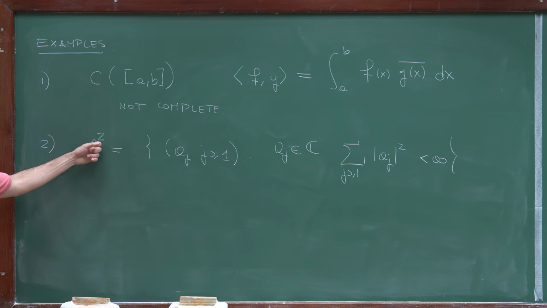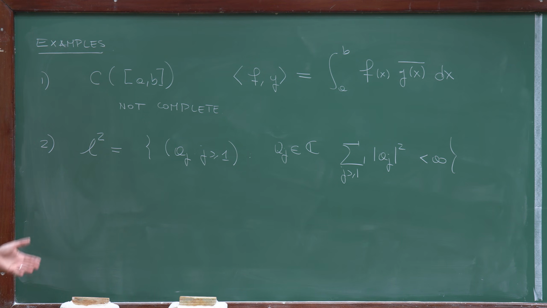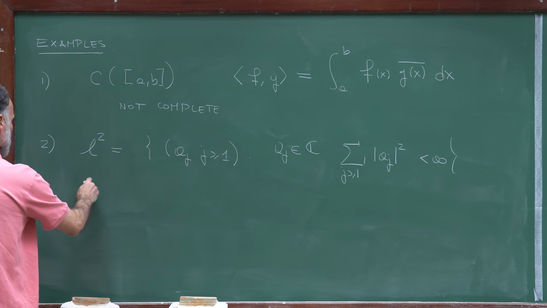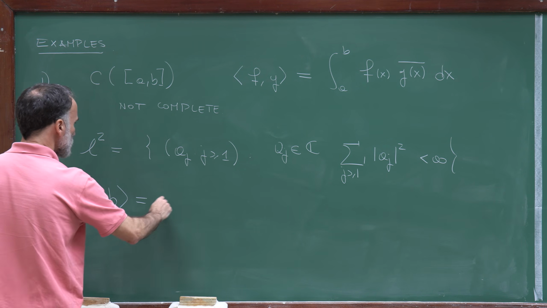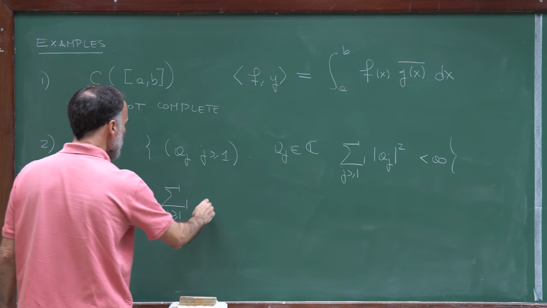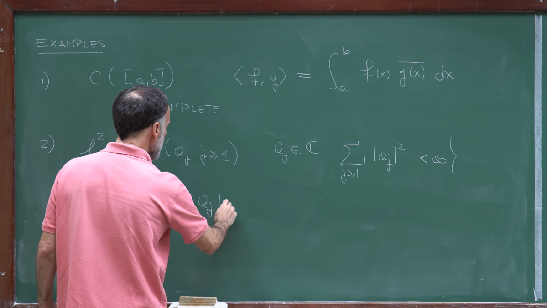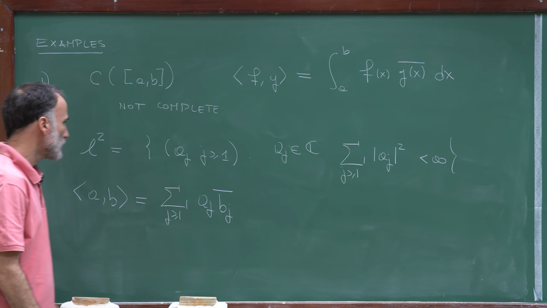We have already introduced lp, so now take p equal to 2, l2. We've seen that this is a linear space. And in this linear space, we can define a scalar product as the sum over j larger than or equal to 1 of a_j times the complex conjugate of b_j.